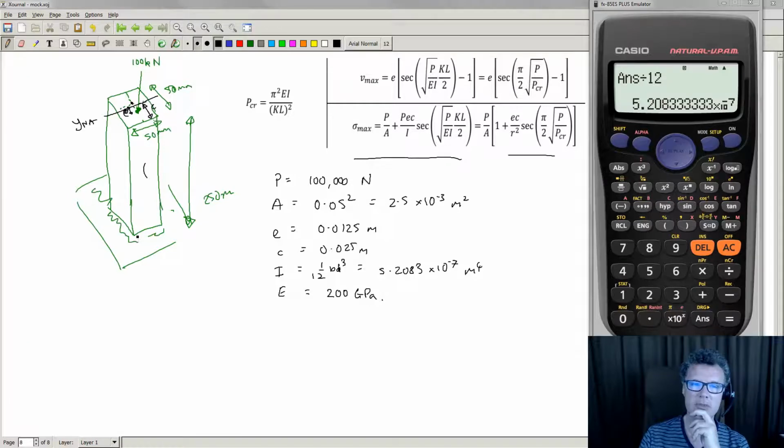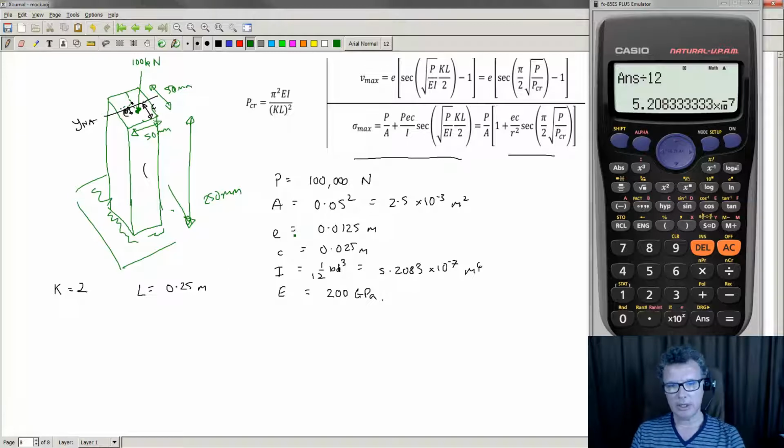This one has a fixed bottom, so that's the first one where the effective length is in effect double, so K equals 2. So that's my K. The L is going to be 0.25 meters. Okay, so I've got the values.